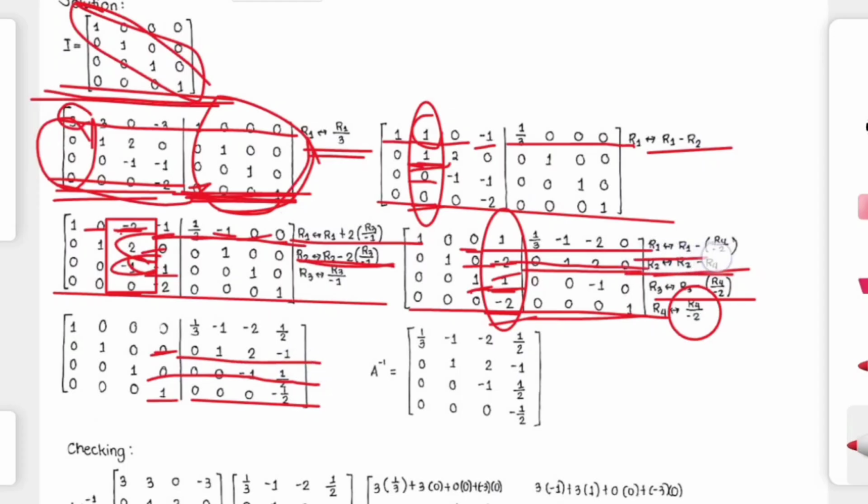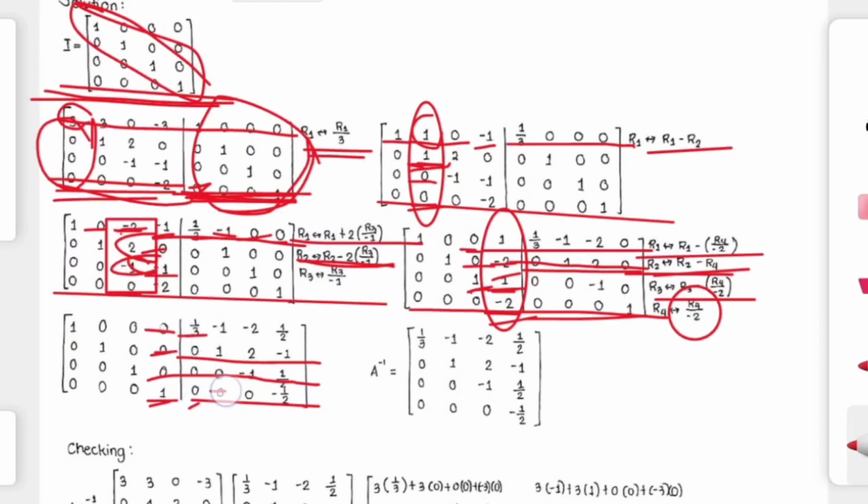Also for r sub 1, since we have the value of 1, we just have r sub 1 minus r sub 4 over negative 2. So 1 minus the 1 here is equal to 0, and then 1/3 minus 0 is equal to 1/3.